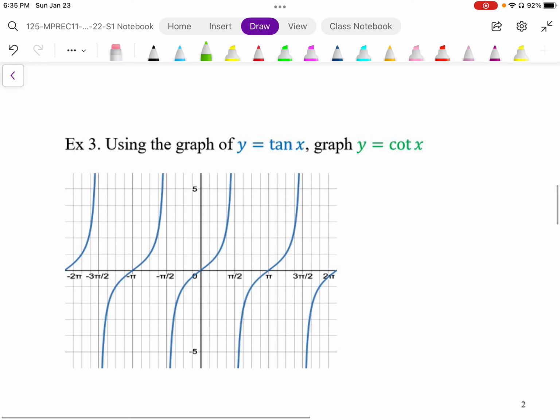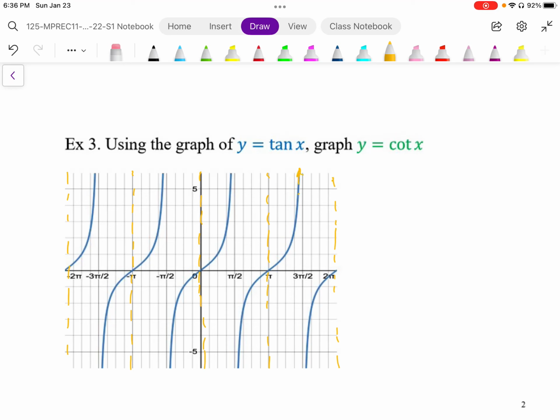Looking at tan x, again, we want to identify the zeros. We want to get our vertical asymptotes through those zeros. Now, as we go to positive and negative infinity, the reciprocal of that is going to be a zero.